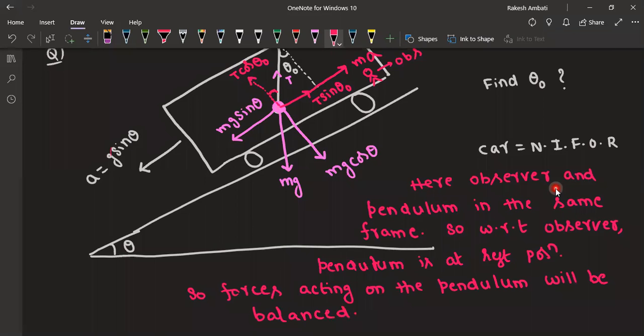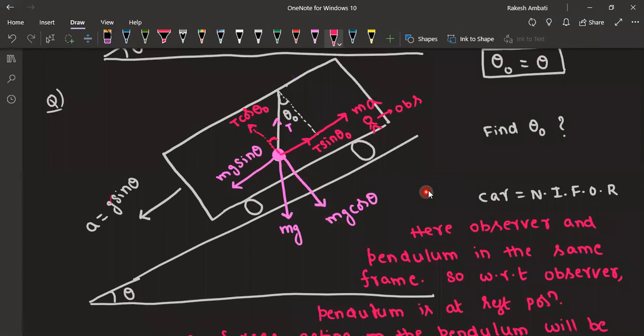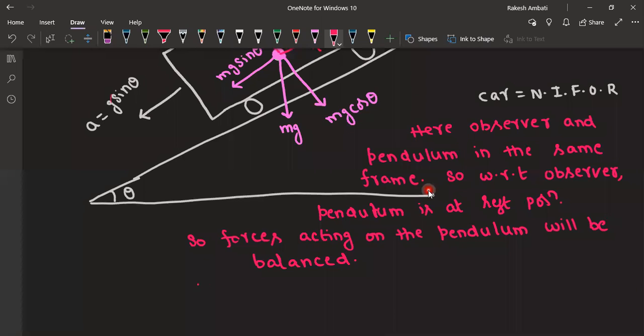What are the balanced forces? First, T cos theta naught is balanced by mg cos theta.